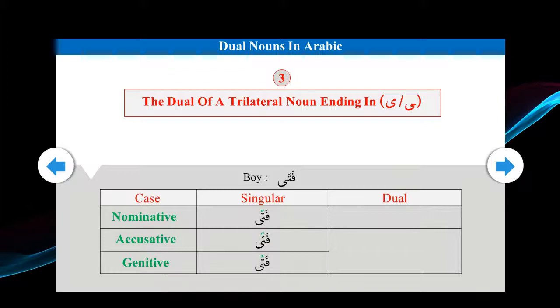To form the dual, Alif maqsurah changes to ya, and then the dual suffix is appended, so we get فتيان in the nominative case, and فتيين in the accusative and genitive cases.